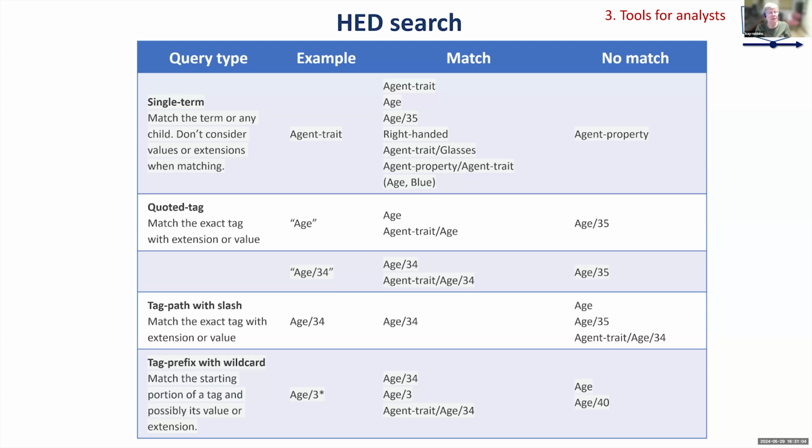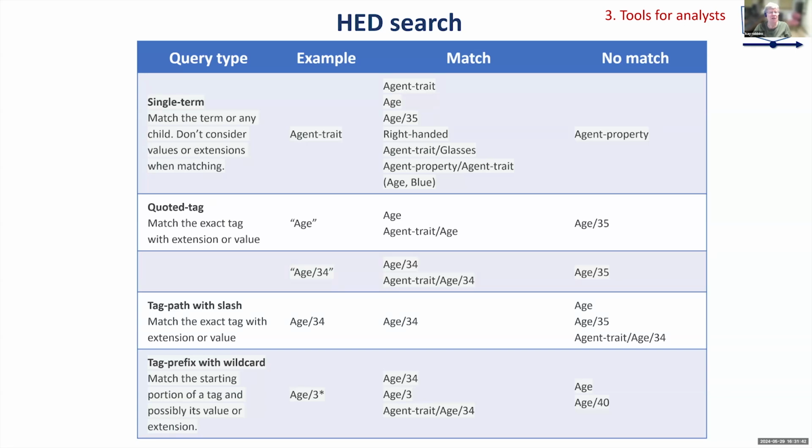So the simplest thing is just a single tag search. If you say Age-and-trait, it matches the term or any child term, but it doesn't consider extensions. So Age-and-trait has Age under it, and it matches Age/35 because Age takes a value, and because Age is a child of Age-and-trait.